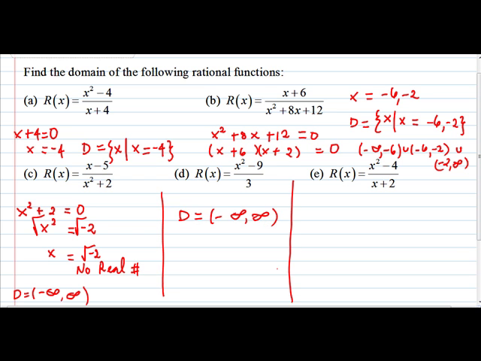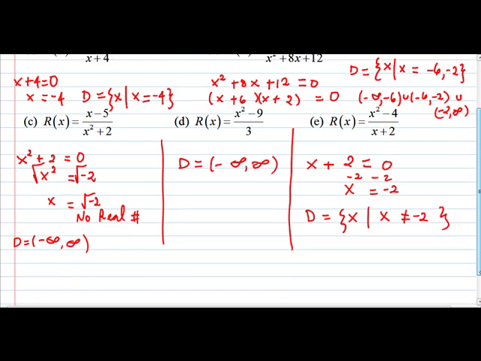For E, once again, I will set the denominator equal to 0 and solve for x by subtracting 2 from both sides. So that means our domain is the set of x values such that x cannot equal -2.